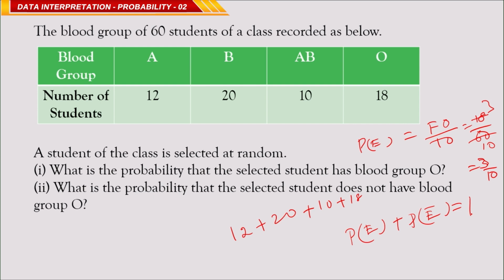Already you got P of E as 3 by 10. So P of E bar is 1 minus P of E, that is 1 minus 3 by 10, that is 7 by 10. So the probability that the selected student does not have blood group O is 7 by 10.